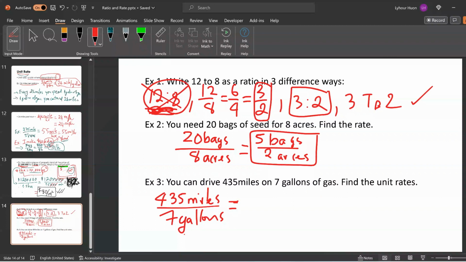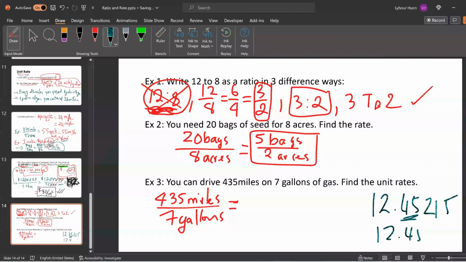If it's something like 12.45215, we get just 2 digits after the decimal, which is okay. Like 12.45 is the result.